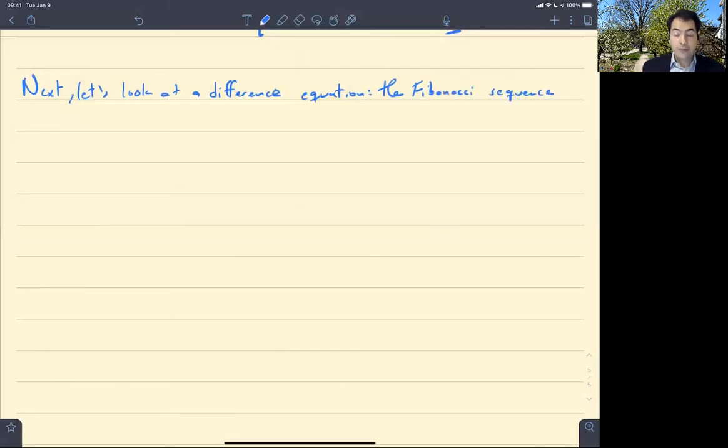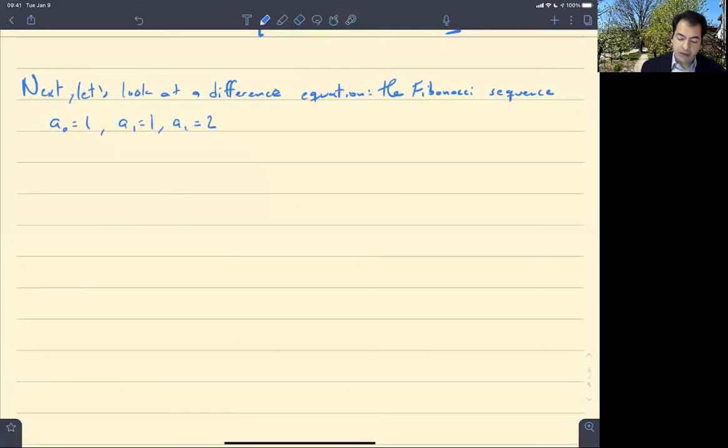As you all know, in Leonardo of Pisa's book, Liber Abaci, he talks about a sequence where the nth term tells you how many pairs of rabbits you have, assuming that no rabbits die and that you start out with one pair of rabbits. Then at the next step, you still have one pair of rabbits. But at the second step, that first pair of rabbits has reproduced, and every pair of rabbits after 2 steps will start producing another pair of rabbits every step.